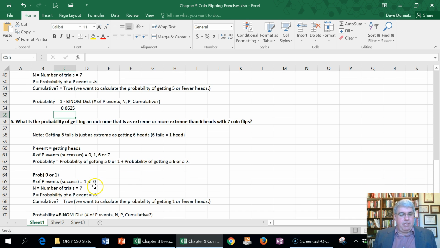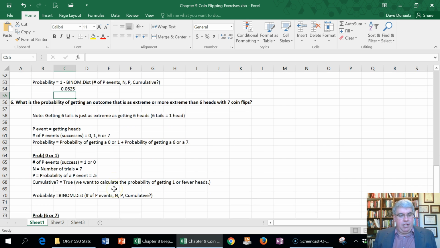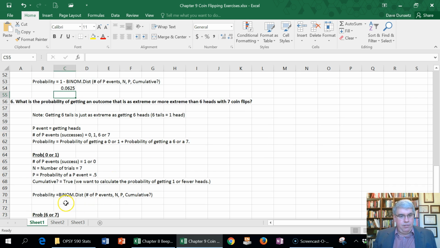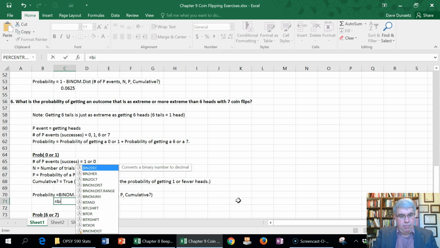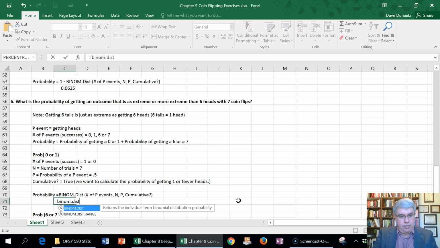So let's calculate the probability of 0 or 1 first. The number of P events that we're interested in is 1 or 0. Number of trials is 7. Probability of P events 0.5. Cumulative is true. We want to calculate the probability of getting 1 or fewer heads. So we type in our binomial distribution formula, binom.dist.